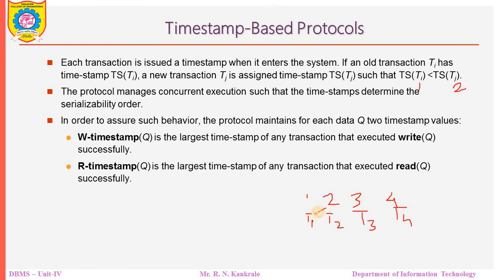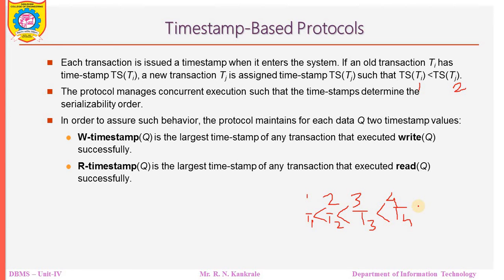It means T1 has arrived before T2, T2 before T3, and T3 before T4. T1 is older than T2 and T2 is younger than T1, while T2 is senior to T3 and junior to T1. T3 is older than T4 and younger than T2.